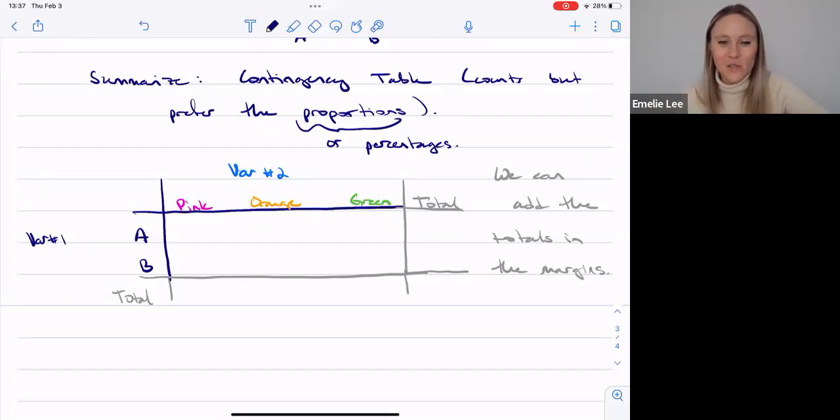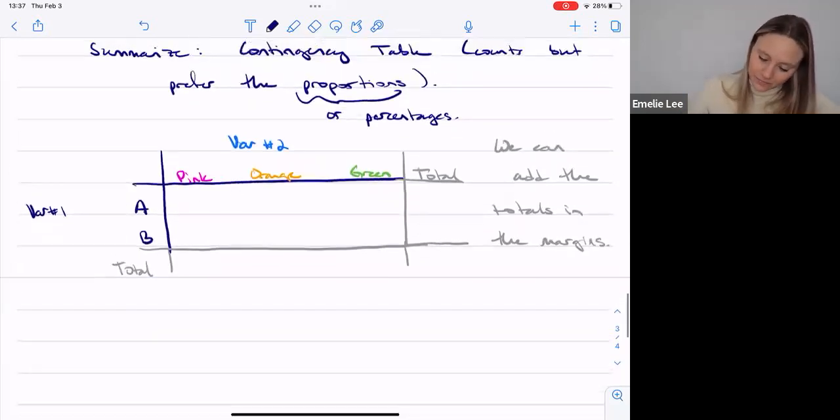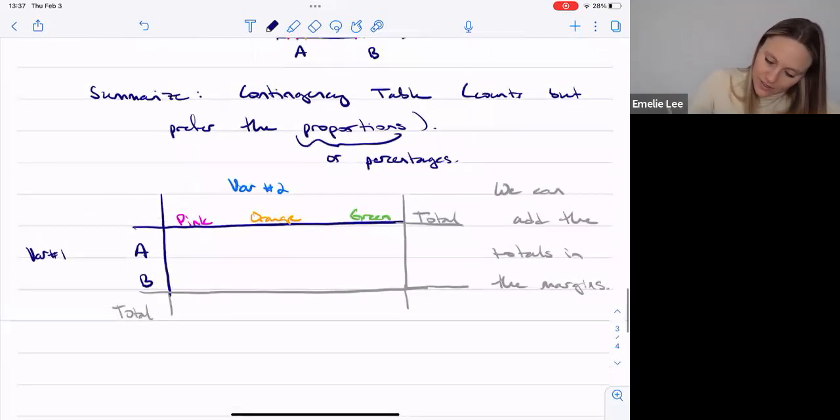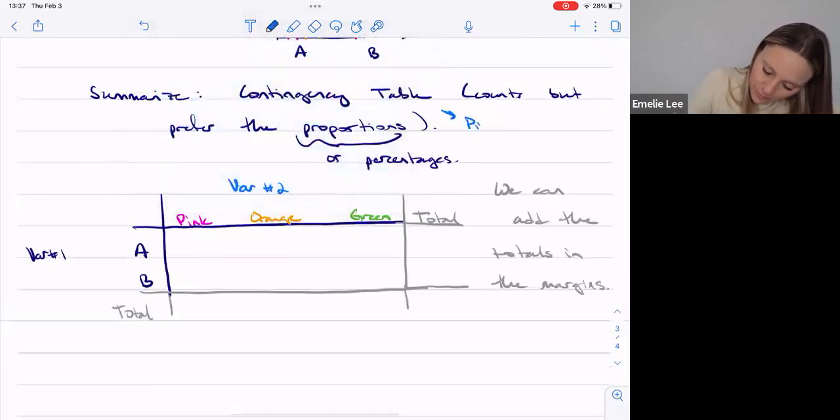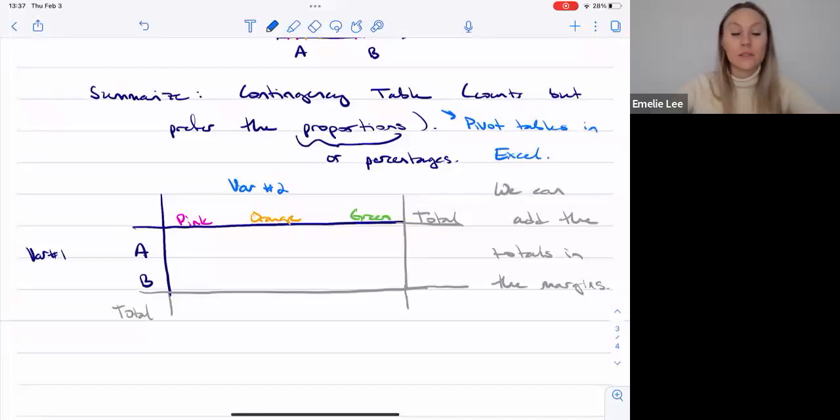All right. So what was the last thing that I wanted to write down here? I said something else. Oh yeah. These are pivot tables in Excel, if you're familiar with Excel.